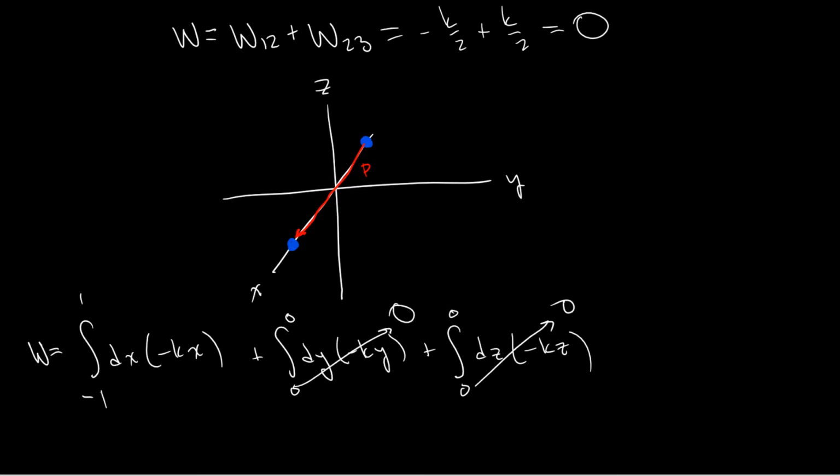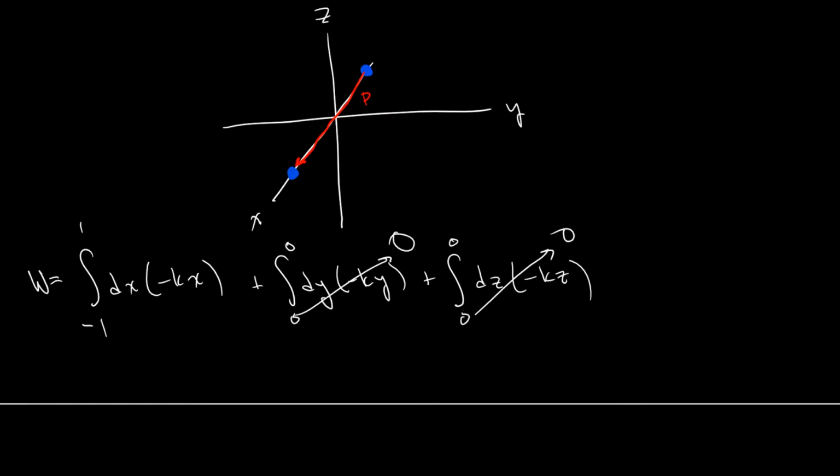Basically, we've reduced this to a one-dimensional problem. And in this case, I get something like minus k over 2 times x. Well, I get 1 squared minus minus 1 squared, which again gives me 0. So the same answer I had before.